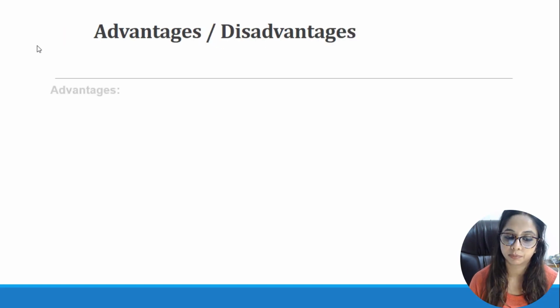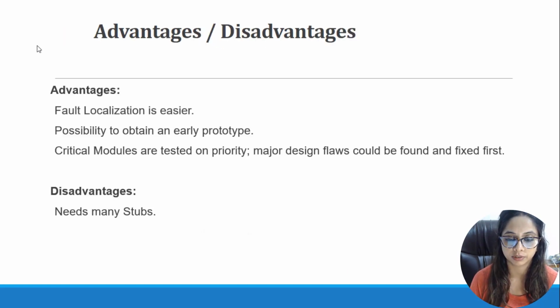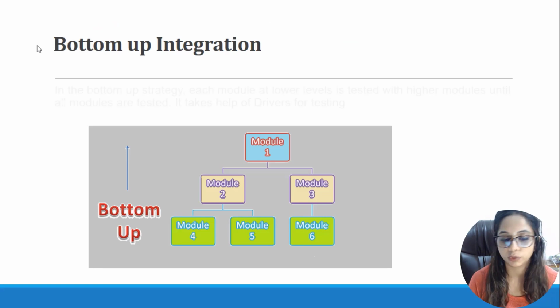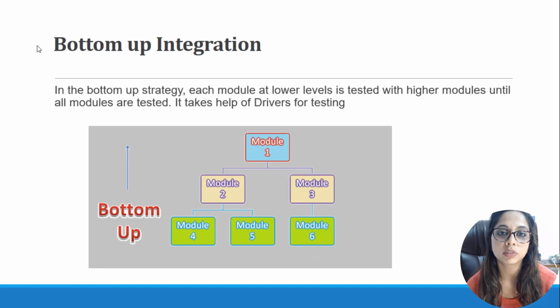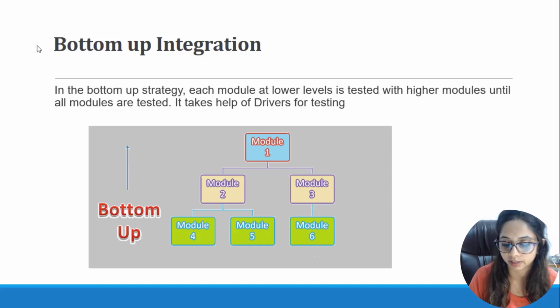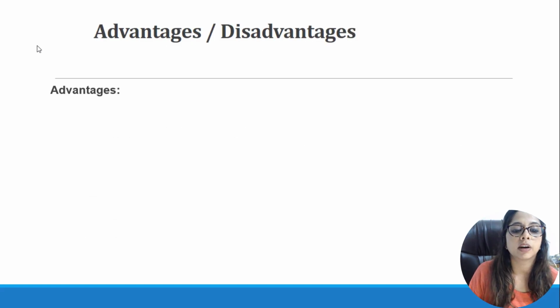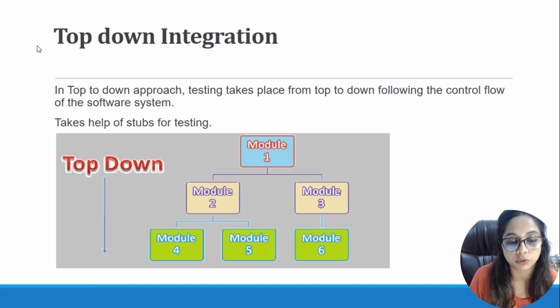Similarly, in the bottom to up approach, and we'll come back to this, we have lower modules ready. We don't have the higher modules ready yet. So we will use drivers who will actually act as the higher modules and help us do the entire integration testing. Now, going back to advantages and disadvantages of top to down approach.